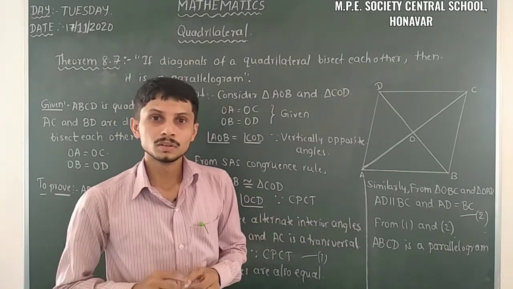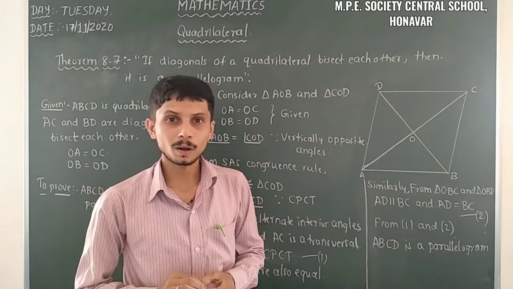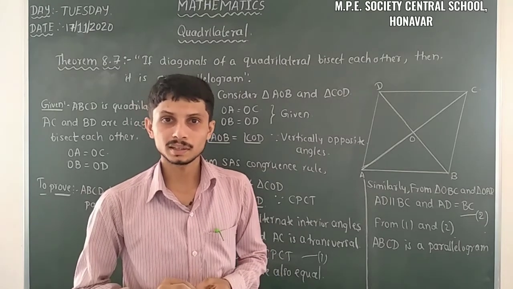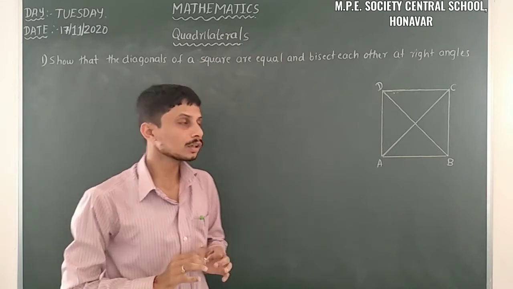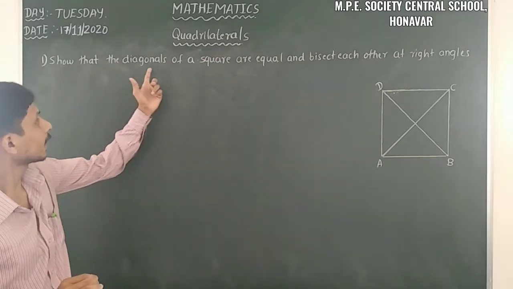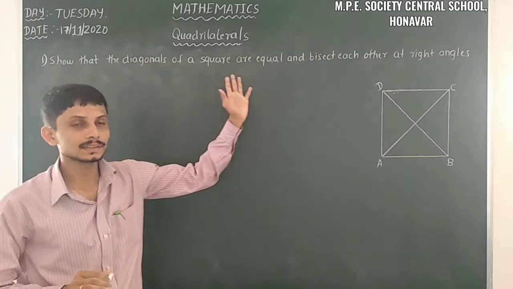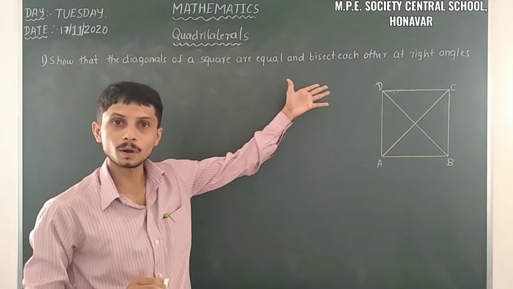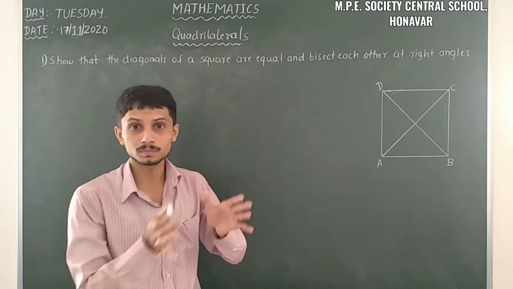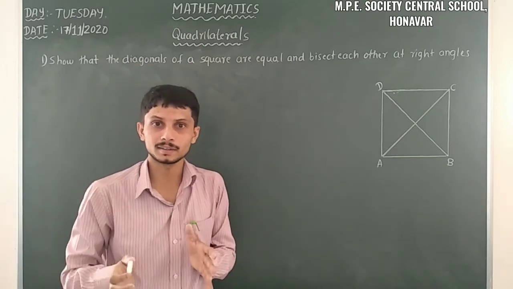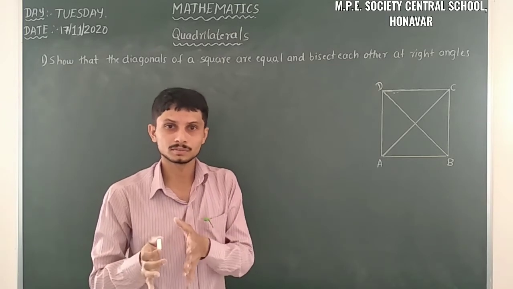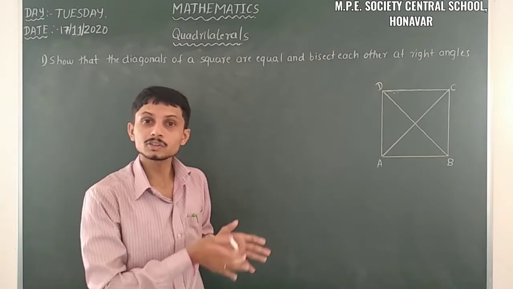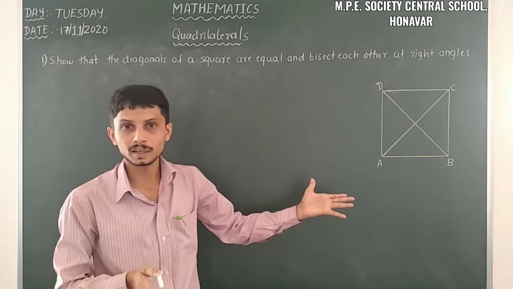So let us take some problems based on this theorem. Let us take the first problem of this part. Here just observe: show that the diagonals of a square are equal and bisect each other at right angles. I think I gave this problem as homework for the first part of this quadrilateral topic.